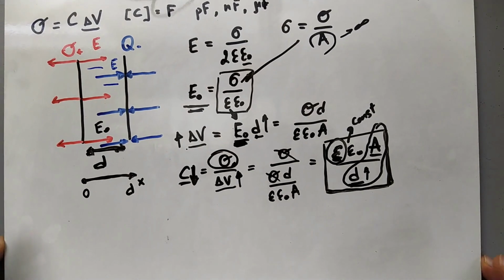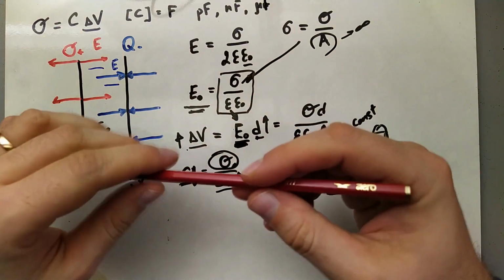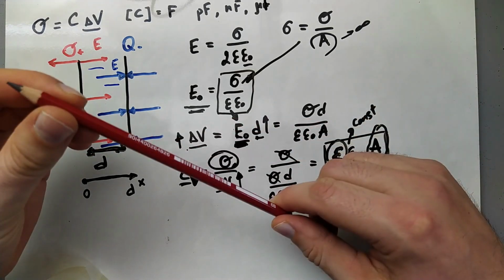So now, after this short and important discussion, we can make a demonstration for making and measuring a parallel plate capacitor. For this purpose, we will use a soft graphite pencil.